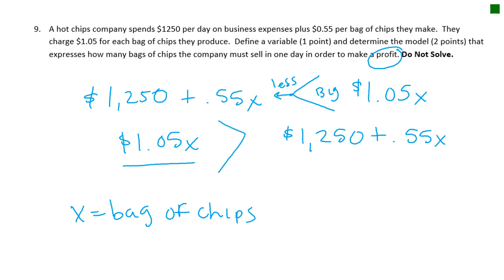Notice that this doesn't have the greater than or equal to symbol because you cannot make a profit if you are doing the same thing as your expenses. So your expenses cannot be the same as your profit. To make a profit, it has to be more. That's why I don't have the equal symbol on the bottom. So again, it does not matter how you write it, as long as you know where to put your inequality symbols. All right, try the last one.